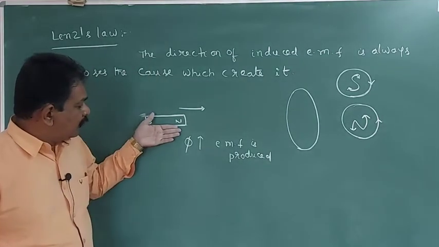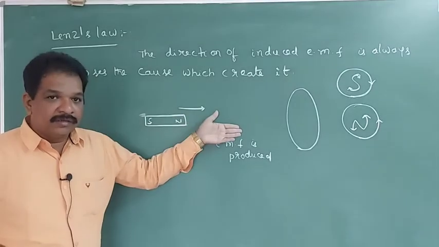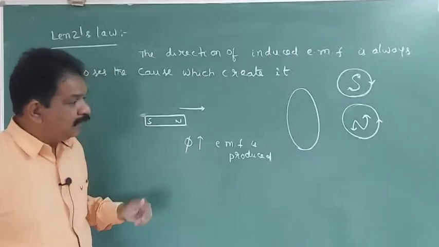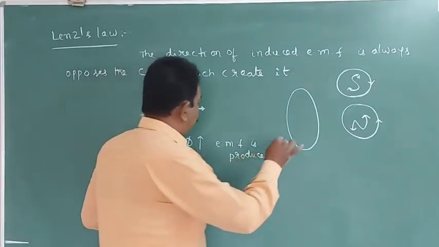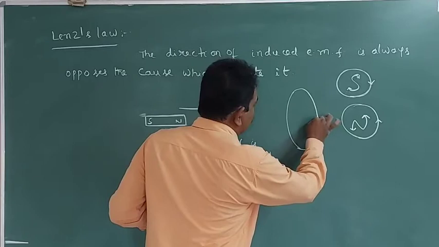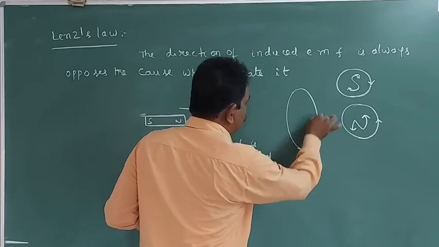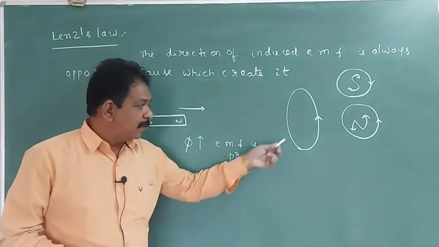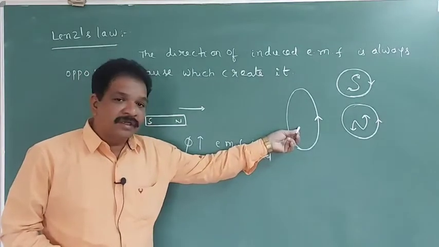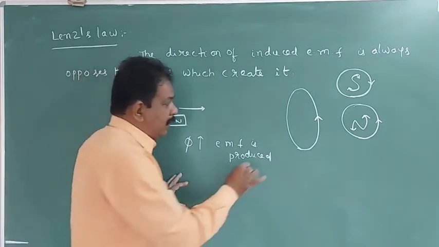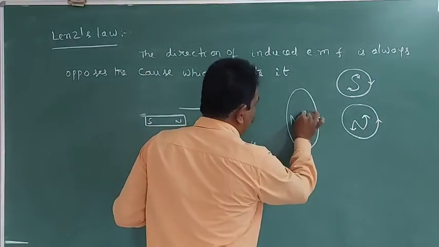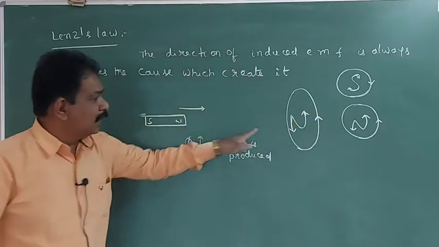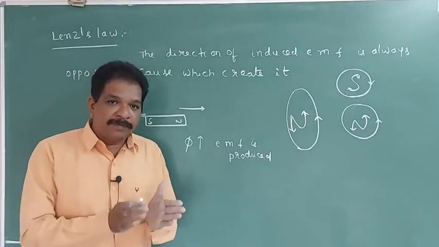Now come to this. I am moving the magnet towards the coil. Then EMF is produced, and that EMF will send the current in anti-clockwise direction. So this face will behave like a north pole. North and north, what will they do? They will repel.